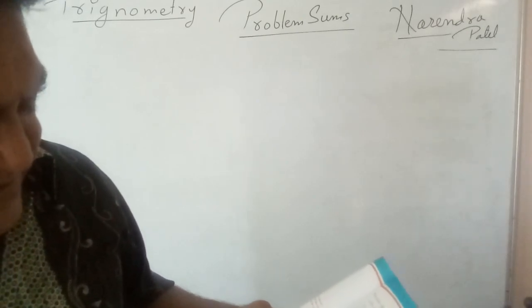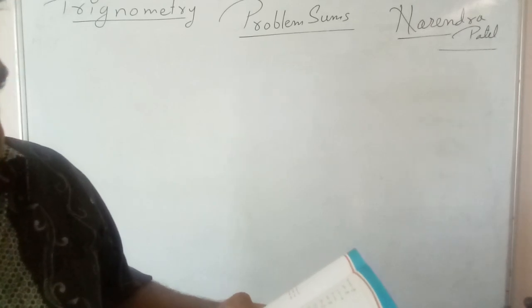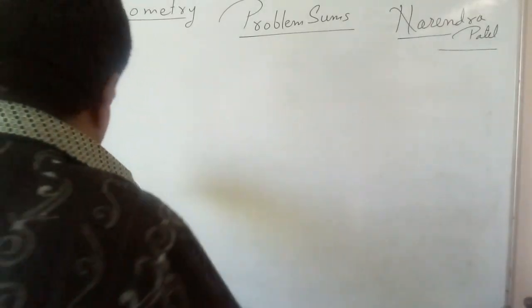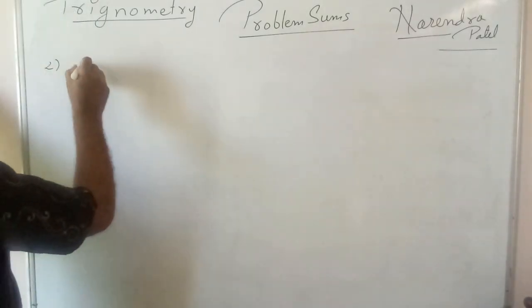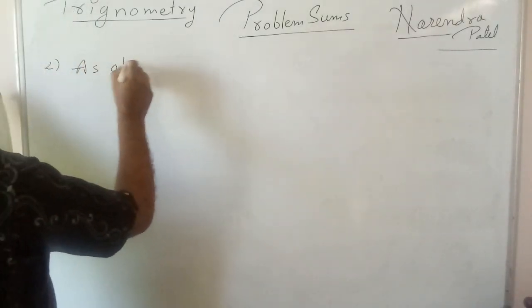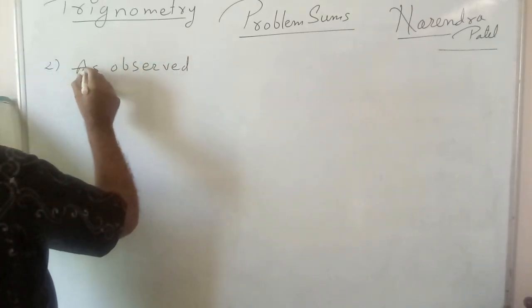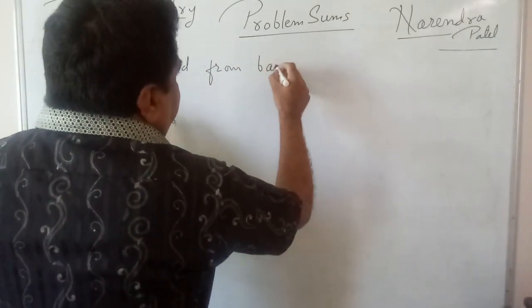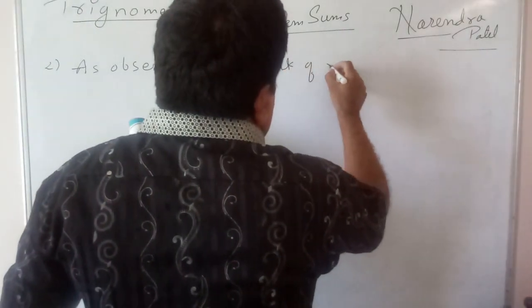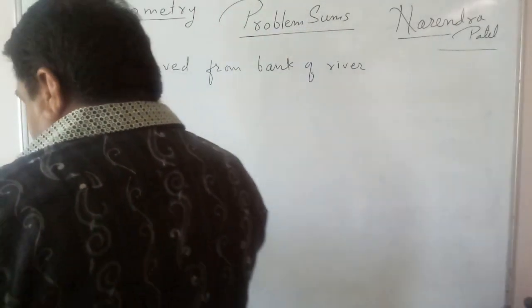As observed from a fixed point on the bank of a river, the angle of elevation of a temple is observed from the bank of the river.